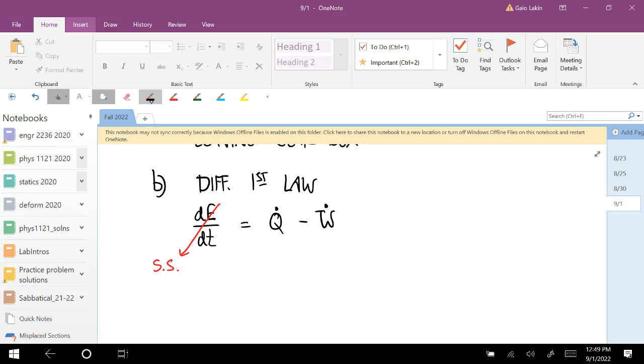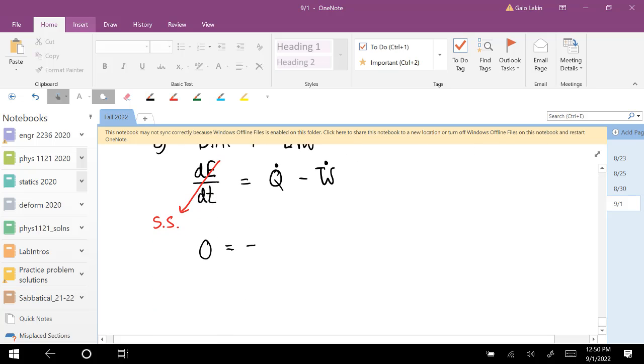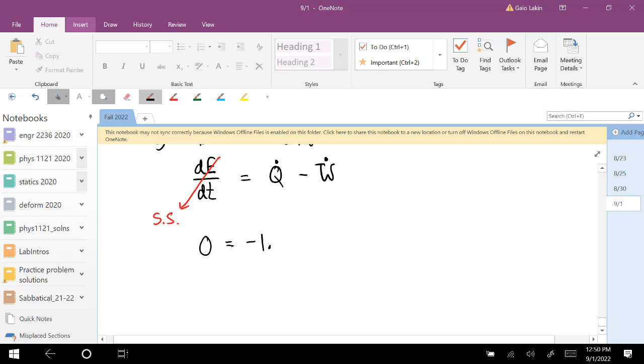Q dot, so we have the magnitude of that. Is that going to be positive or negative? Well, what's our system going to be? Our system's the gearbox. The system is the gearbox, and this energy is leaving the gearbox. So that has to be a negative Q dot. Okay, so 0 is equal to negative 1.197 times 10 to the third.